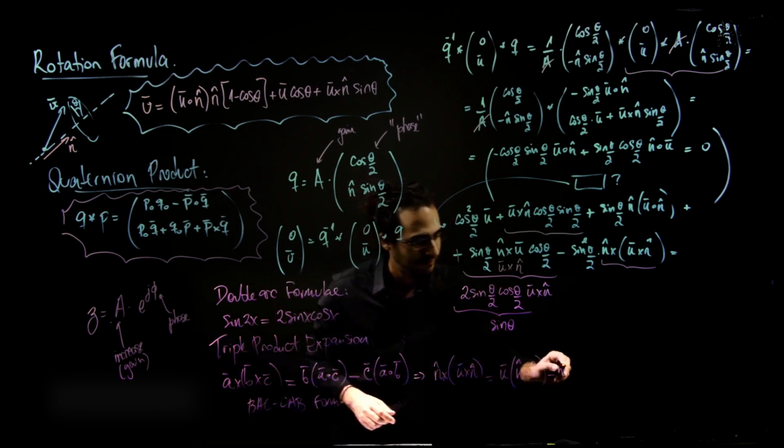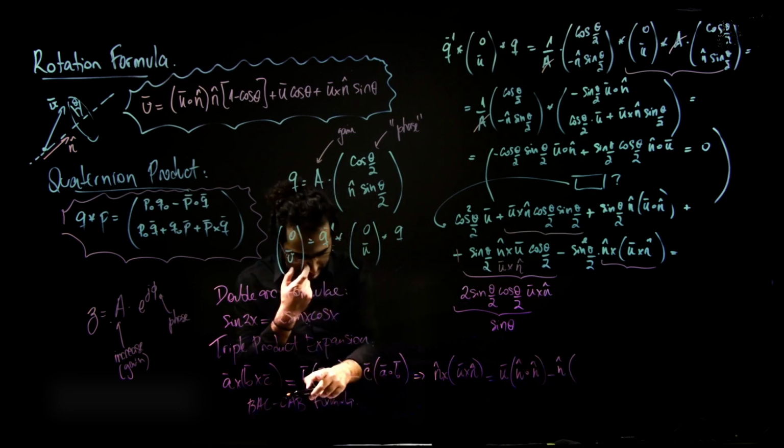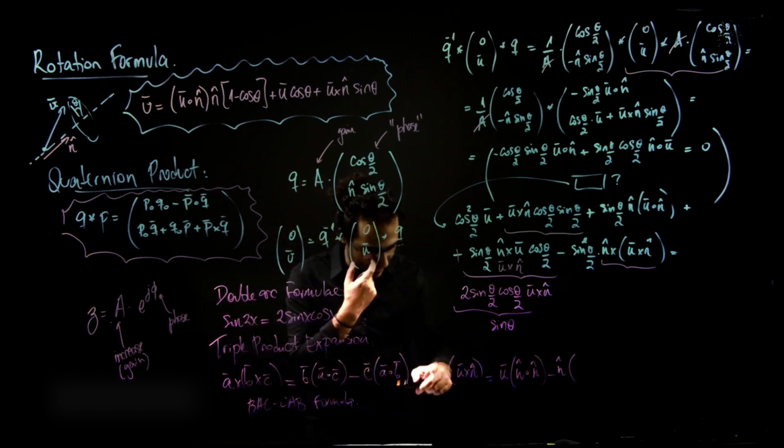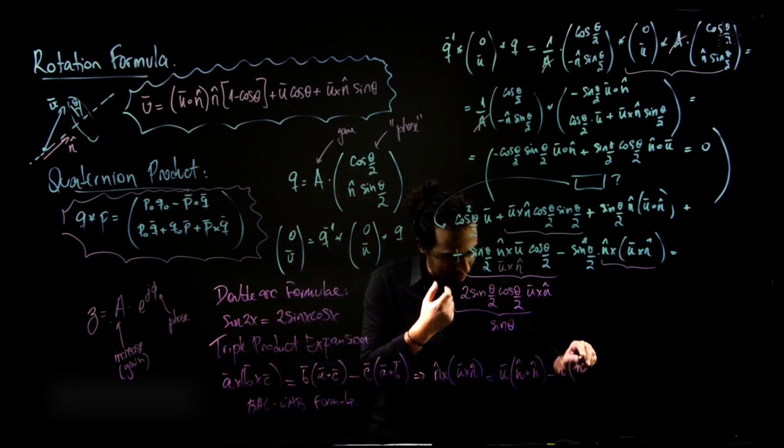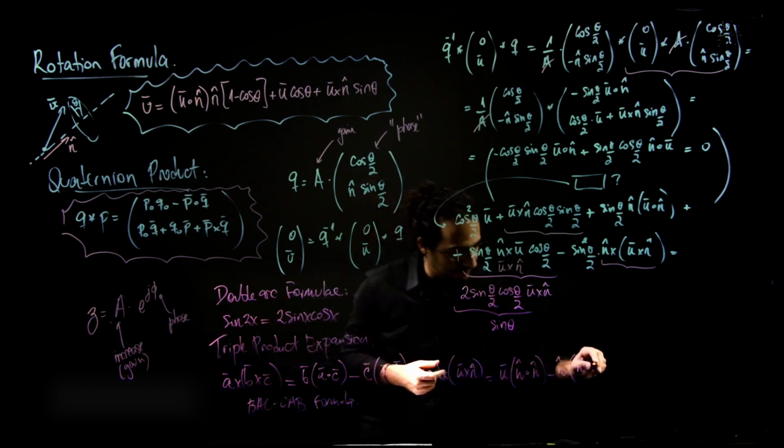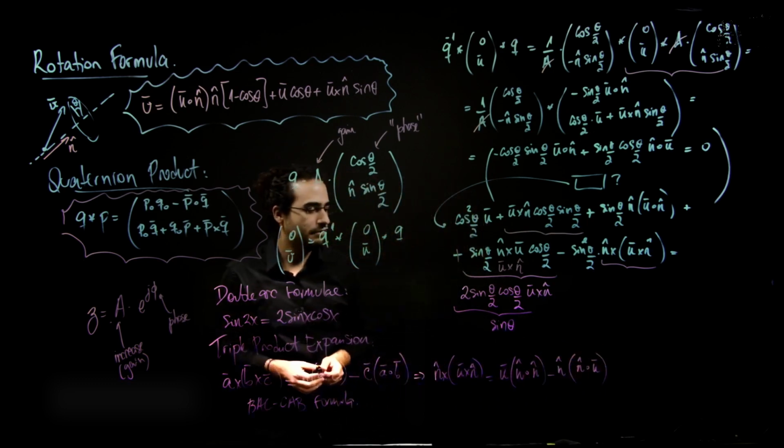Sorry, this is n. A, B, so A and B, so n dot u. Okay, so we have that.